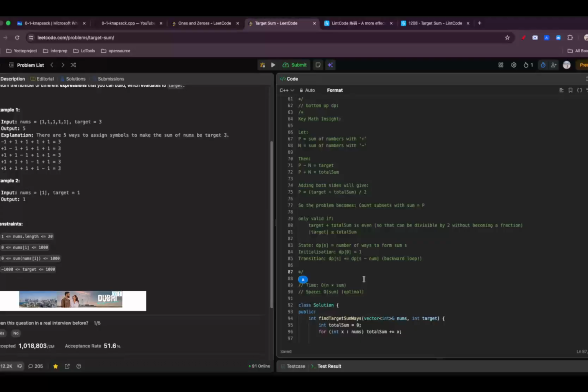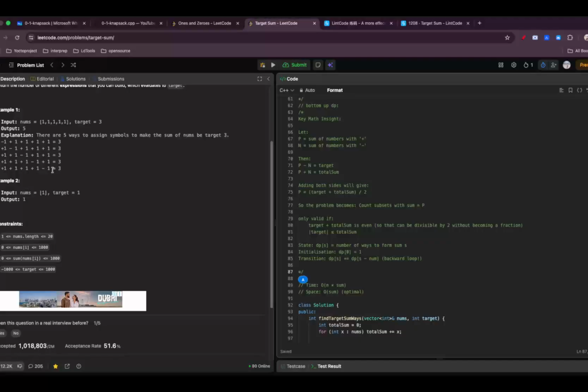concerned with the subset which has all the positive numbers. Because if you see, all of these numbers have both positive and negative combinations. We can get that expression even with the subset which has all the positive numbers.